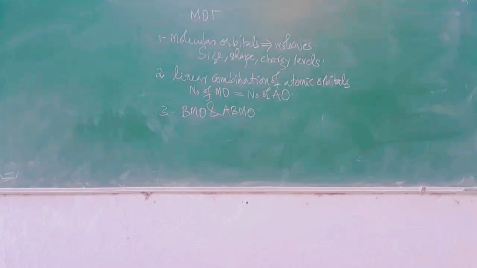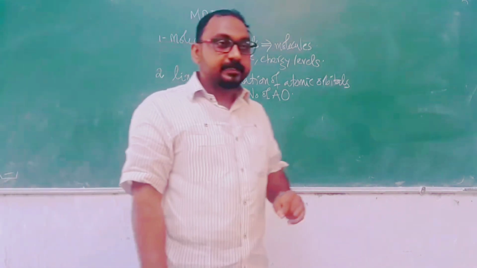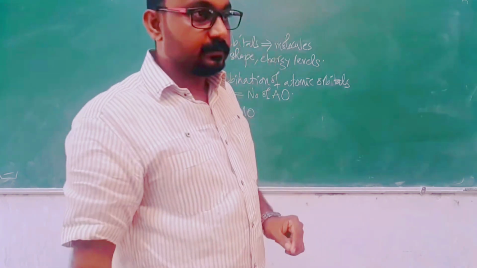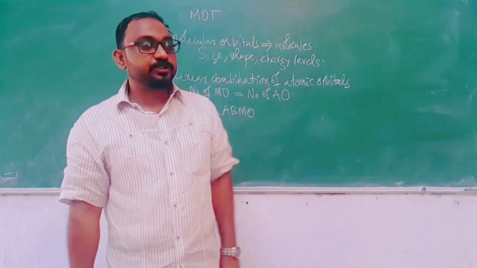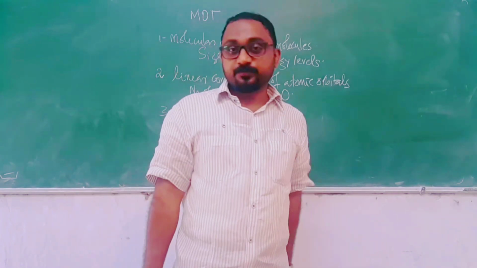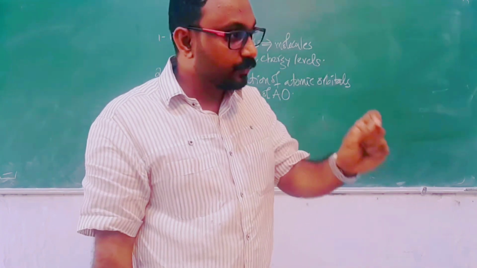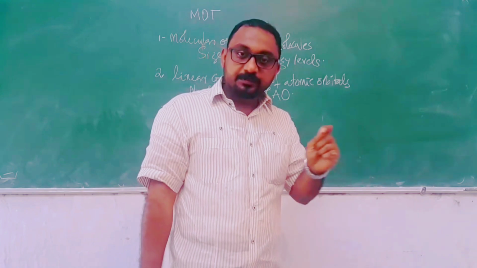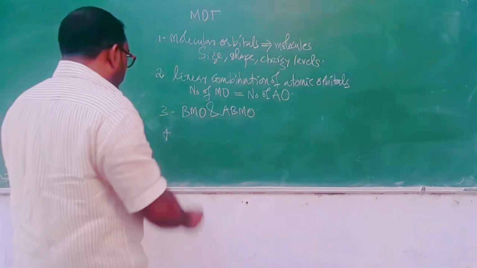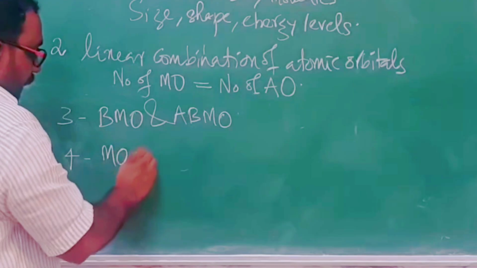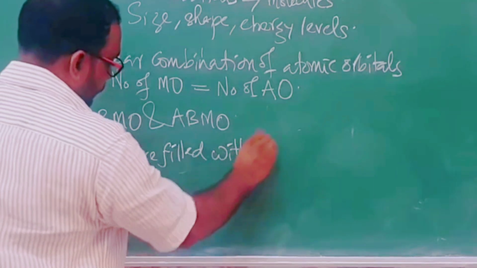And the fourth point is: just like atomic orbitals are filled with electrons according to the Aufbau principle, Pauli's exclusion principle, and Hund's rule of maximum multiplicity, molecular orbitals are also filled according to the Aufbau principle, Pauli's exclusion principle, and Hund's rule of maximum multiplicity. So, molecular orbitals are filled with electrons.